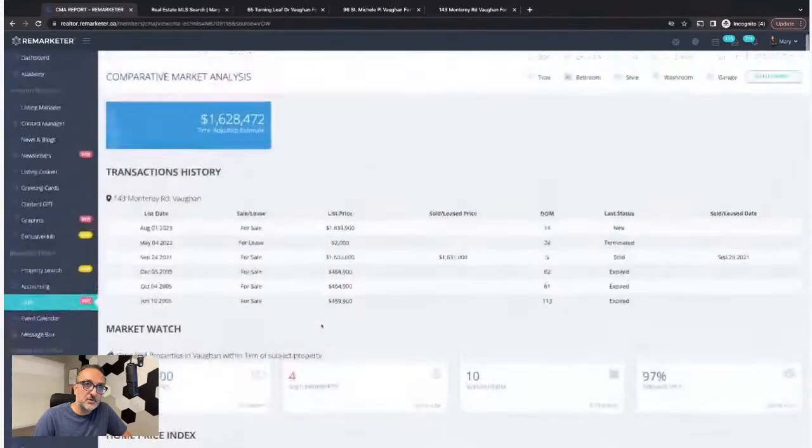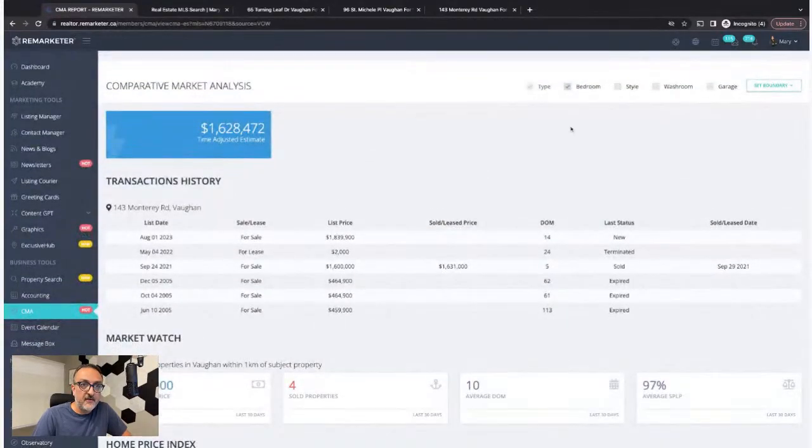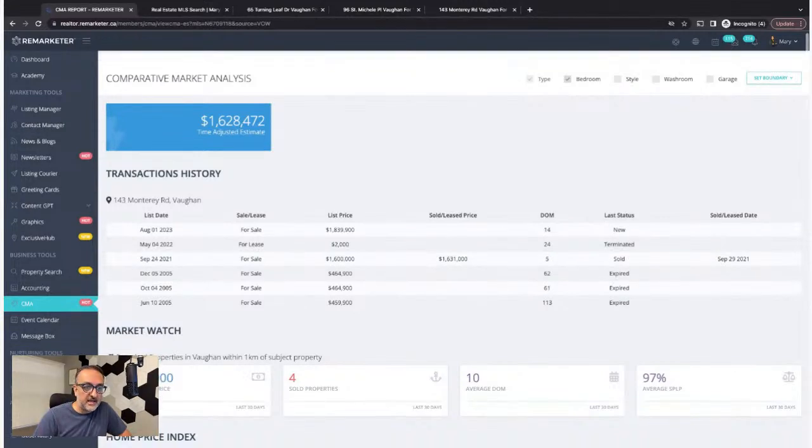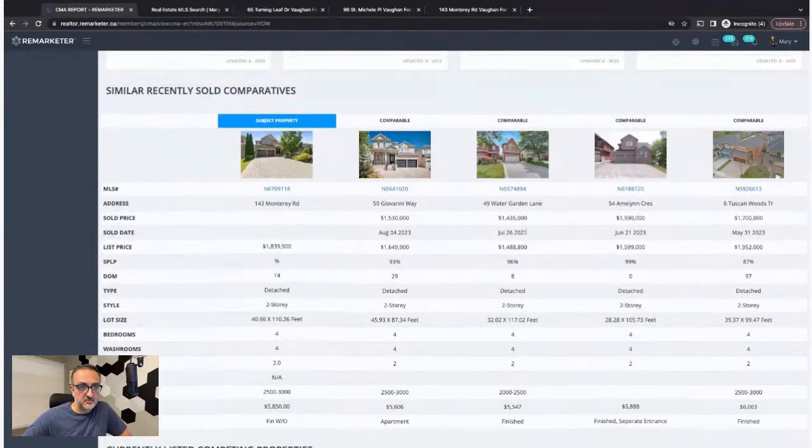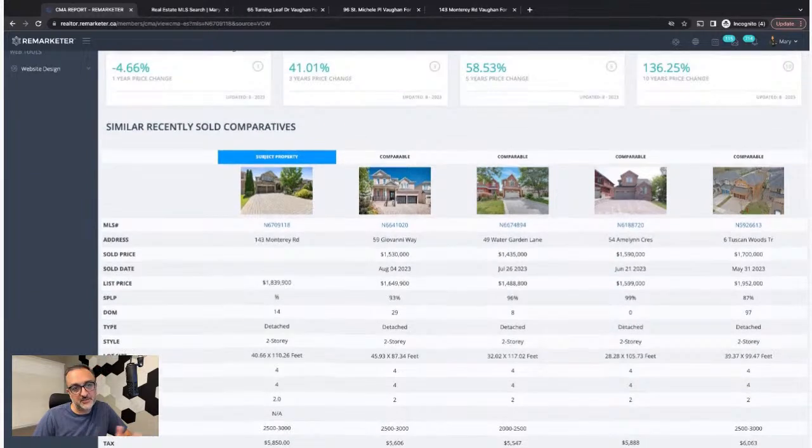So for example, you can also filter out the style. So if you're looking at a 2-story and you might have, let's say, a side split or a back split included in the comparables as well, you might want to filter that out and say, okay, I just want to look at 2 stories.